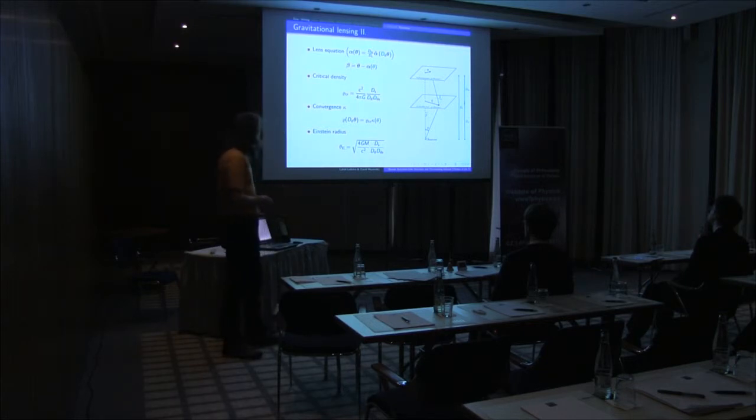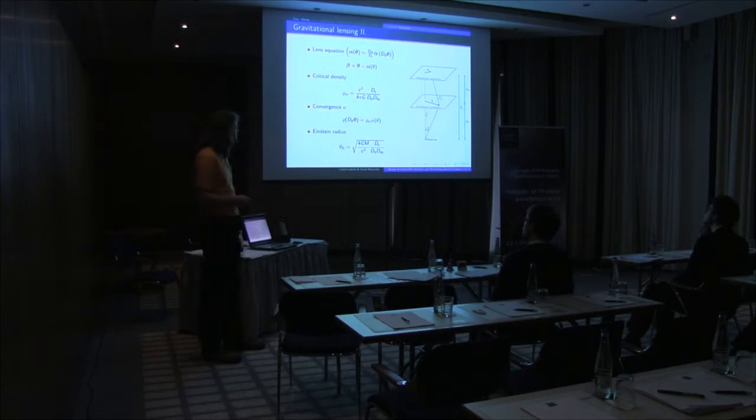The second thing which is very good to define is critical density. It's defined by this fraction, and it's famous because the galaxy surface density must be greater than this critical density to observe multiple macro images. Also, we can define a convergence, which is only scaling of the surface density of the Lensing galaxy.